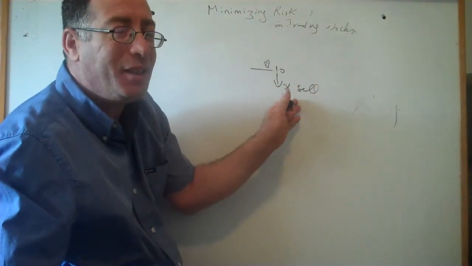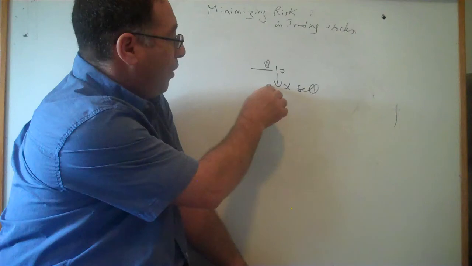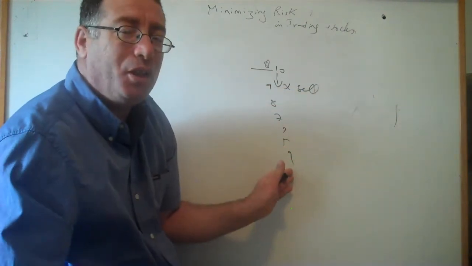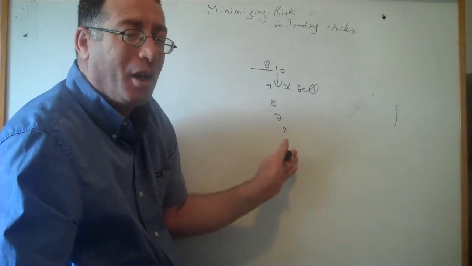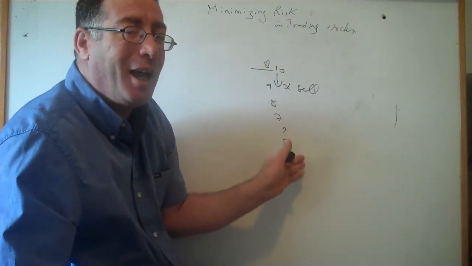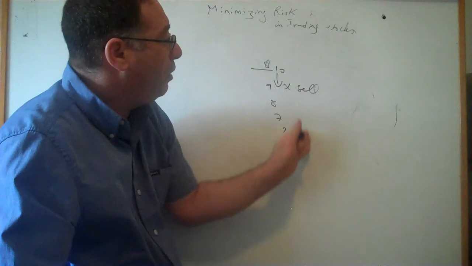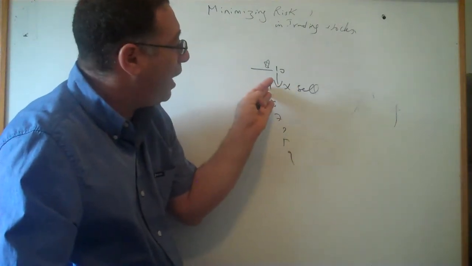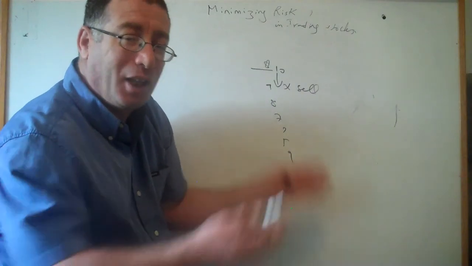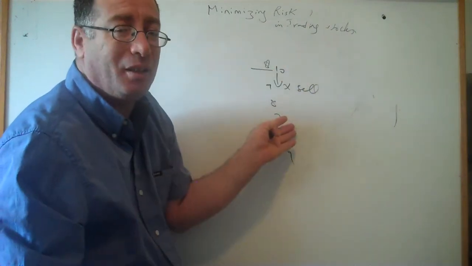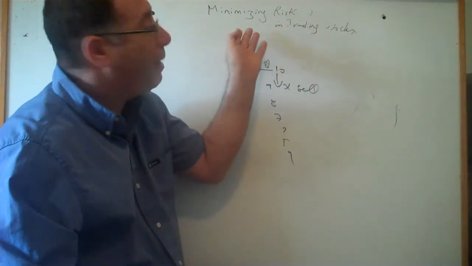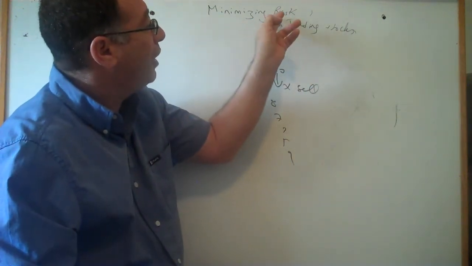You shouldn't wait until it goes from 9, 8, 7, 6, 5, 2, and you are holding your stock, and then you begin to ask yourself, the company is good, but why is the stock going down? It goes down because some people are selling. So this is in general about minimizing risk.